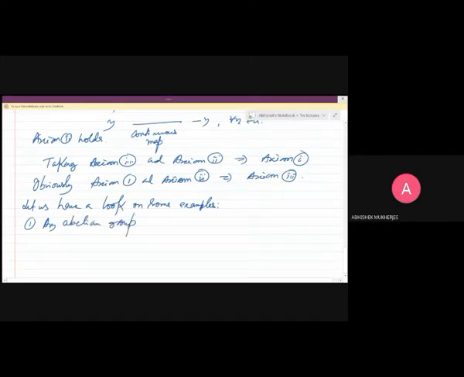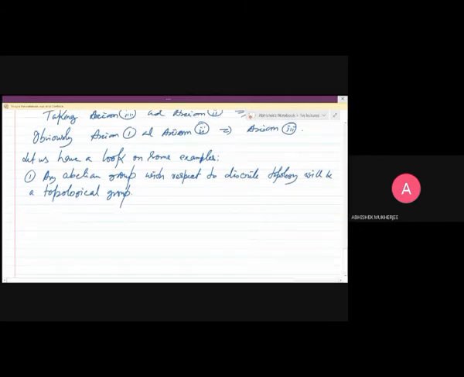Any abelian group with respect to the discrete topology will be a topological group, because you can check the continuity conditions and it will hold very nicely.